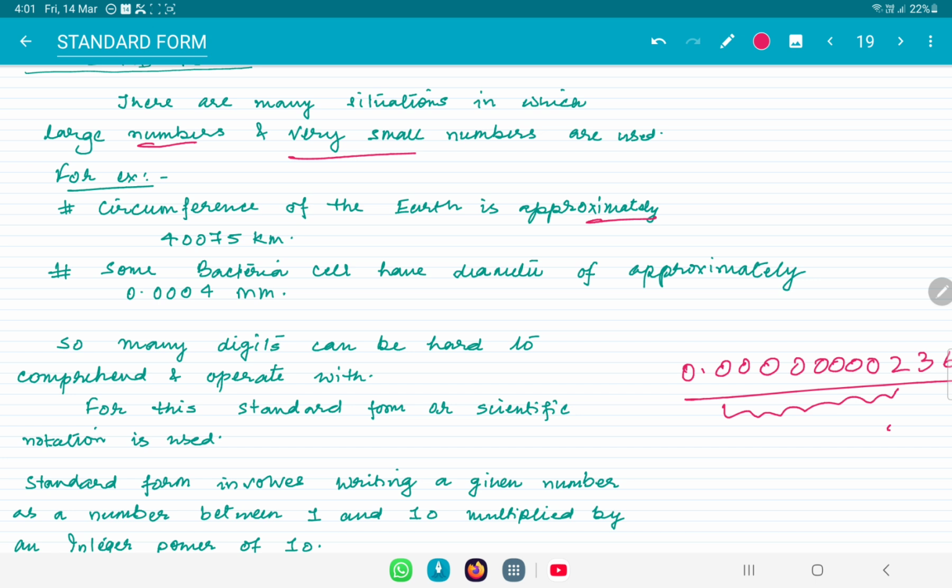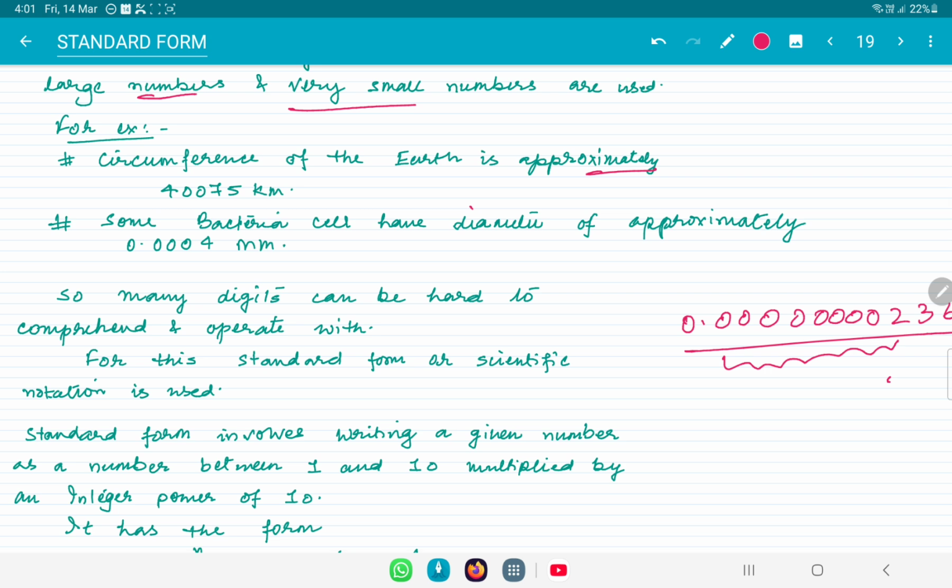Another example: some bacteria cells have a diameter of approximately 0.0004 mm, which is too small. How we write these large or small numbers in powers of 10 is known as the standard form.